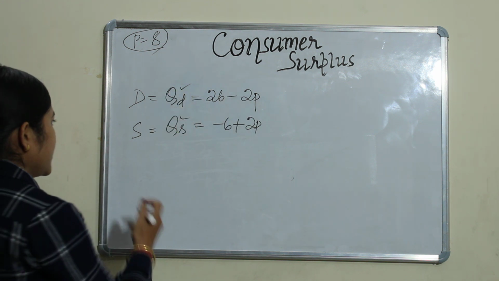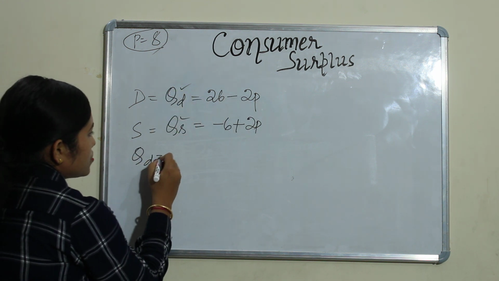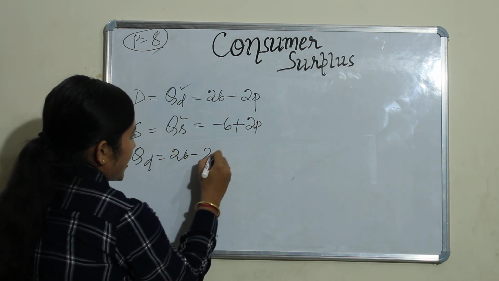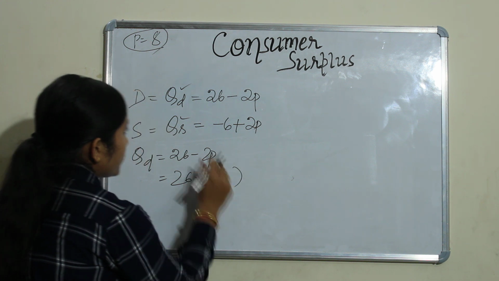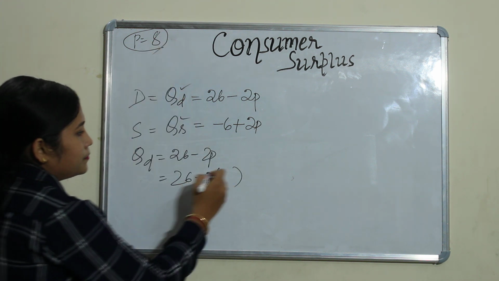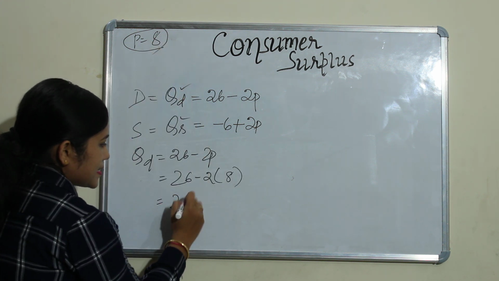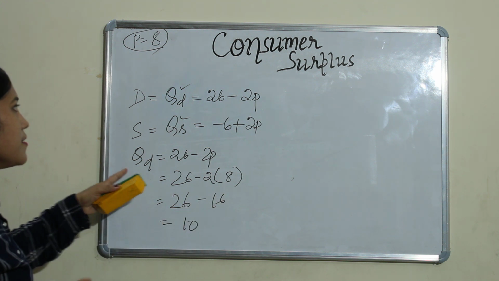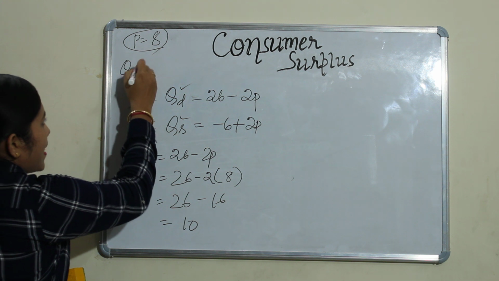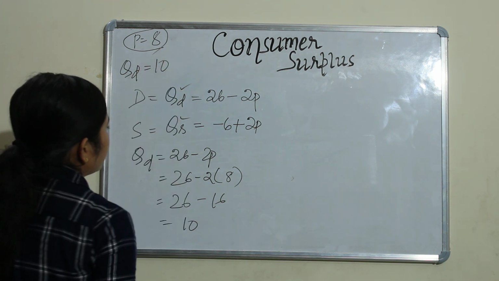QD equals 26 minus 2p. 26 minus 2 into p, which is 8. So 26 minus 16, that is 10. That means our equilibrium quantity demanded is 10.